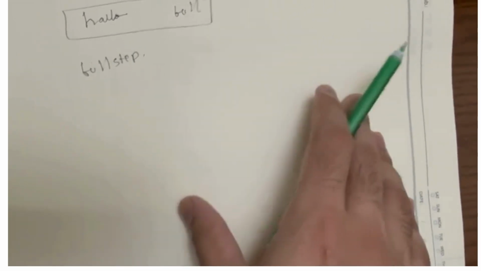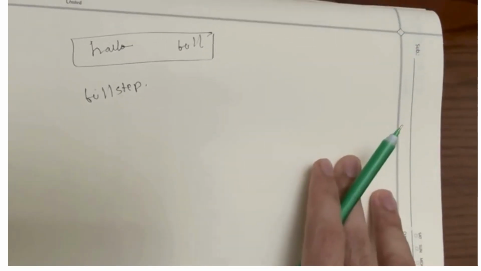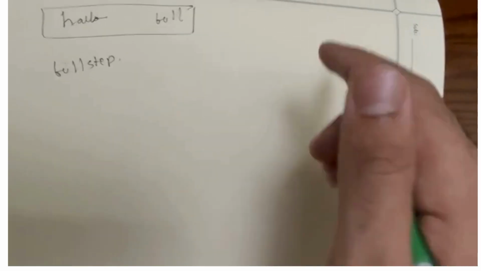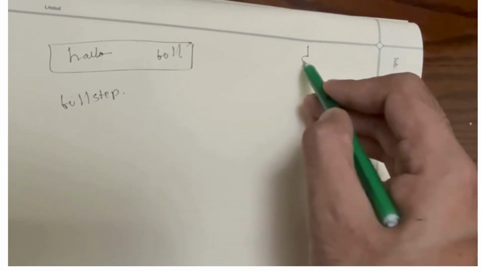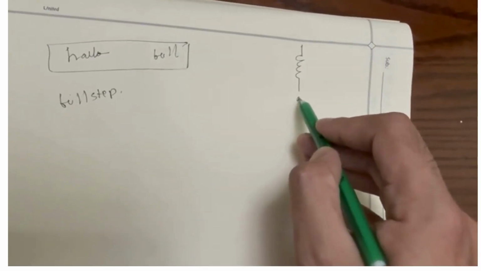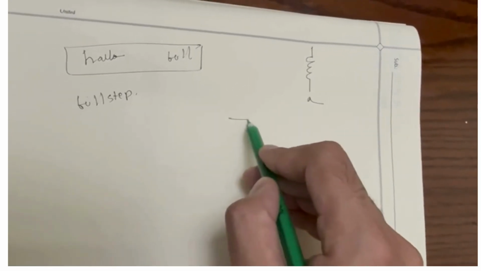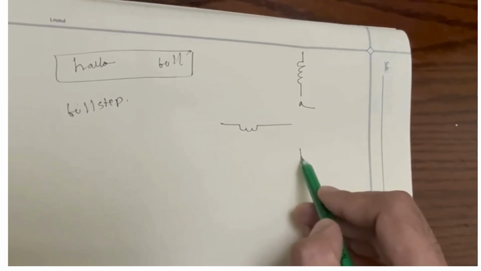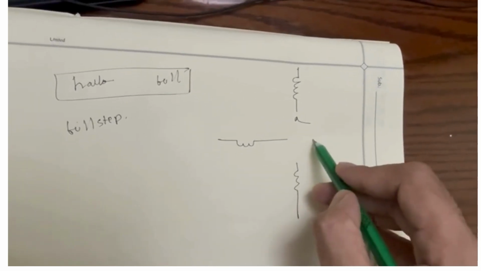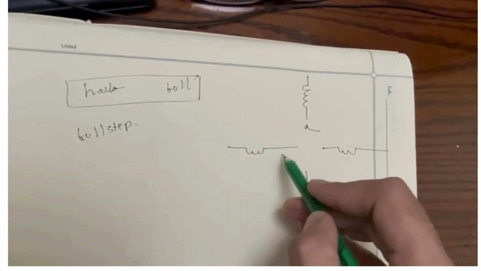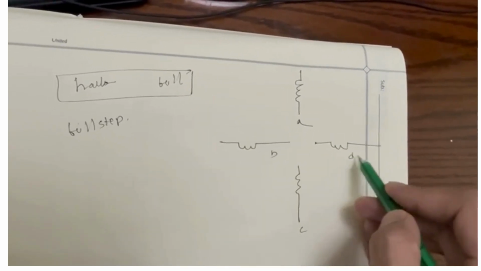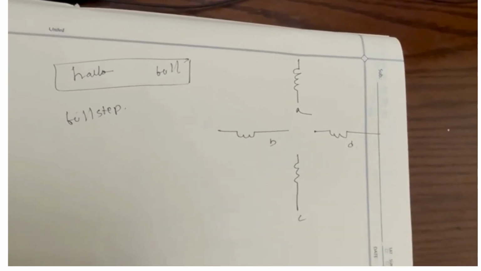Alright, before going to the full step, let me give you a brief architecture of this stepper motor. In the stepper motor, there are 4 coils. This is coil number 1, denoted by A, coil number 2, coil number 3, coil number 4, B, C, and D. Alright.